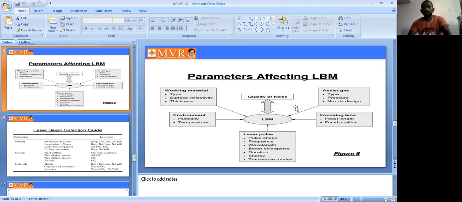If there is no good environment, that is an effect on LBM. If the holes are not good, with no quality, that is also an effect. The laser pulse is also very important; based on the pulse the heat source is generated, and if the pulse is not produced properly, that is an effect on LBM. The assist gas and the focusing lens are also very important effects on LBM.